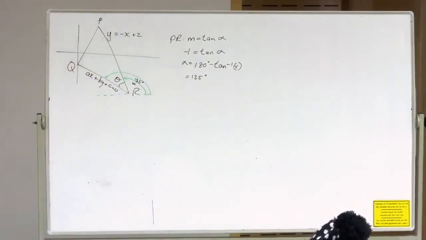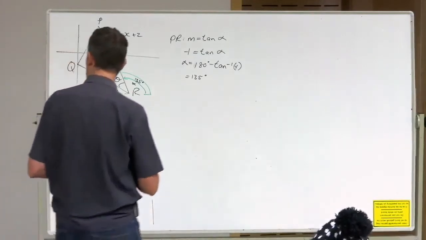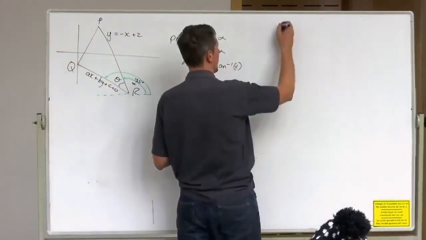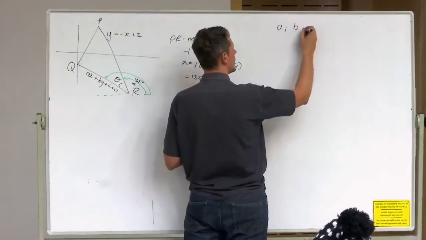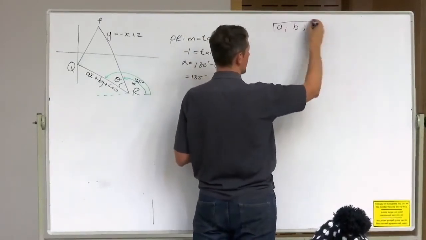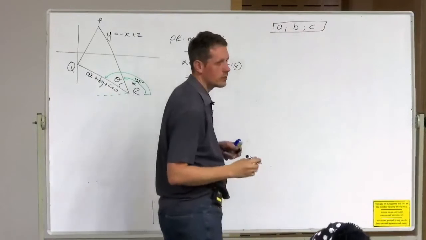Now at this moment I hit a brick wall because I don't have anything else. So I say, okay, wait, let's go towards the monkey and the mountain. They ask me to determine the values of A, B, and C. So this is my monkeys.